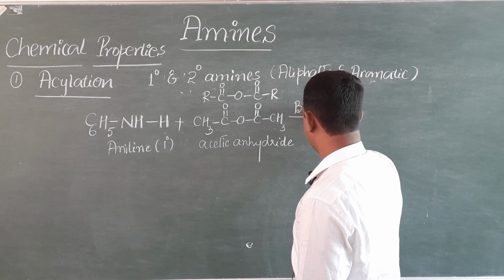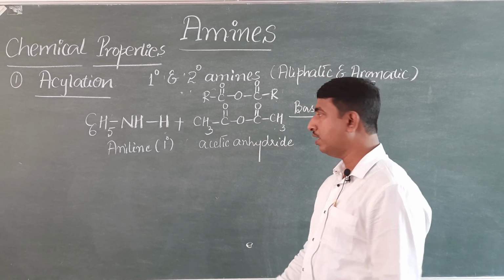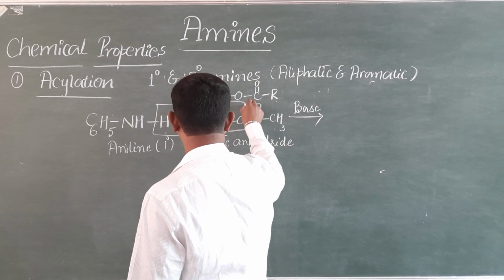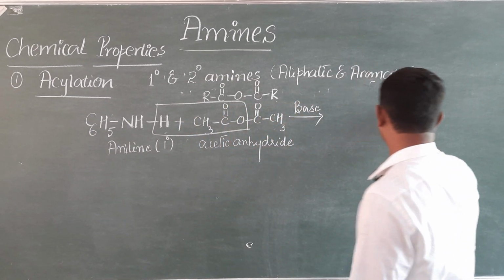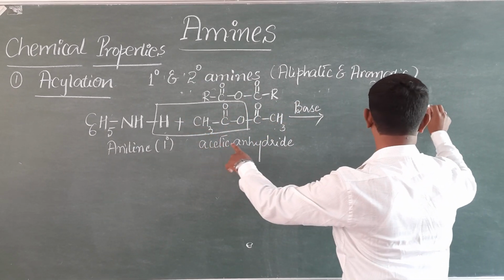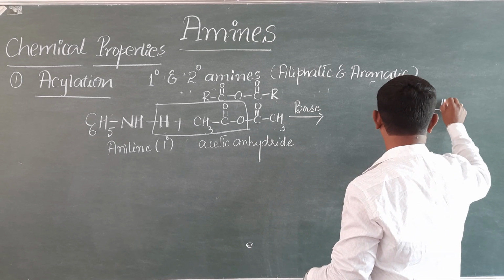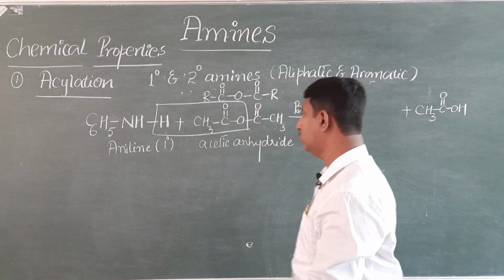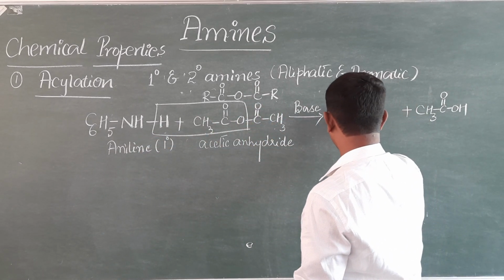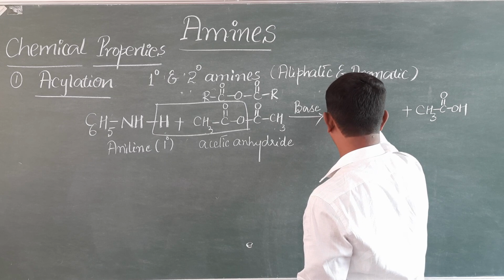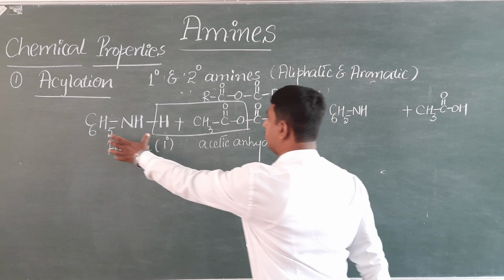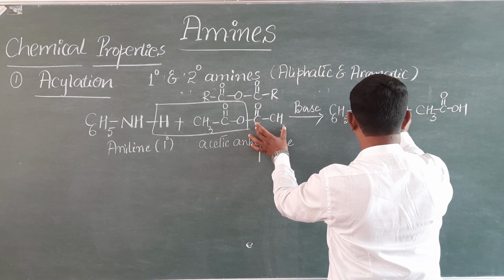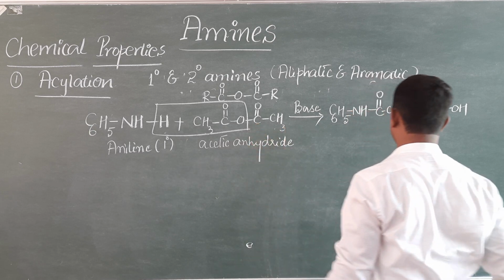The reaction is carried out in the presence of a base. During the reaction, a molecule of an acid is formed, which is CH3-C double bond O-OH. The product formed is C6H5NH-C double bond O-CH3.